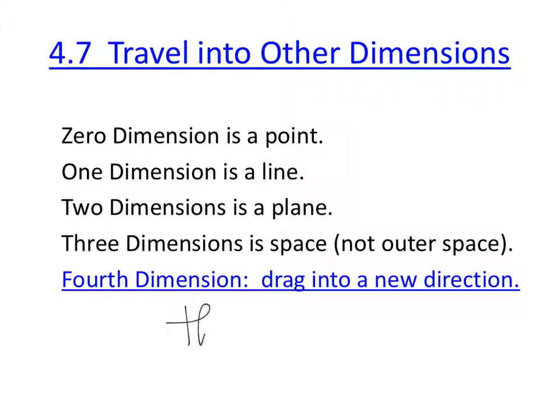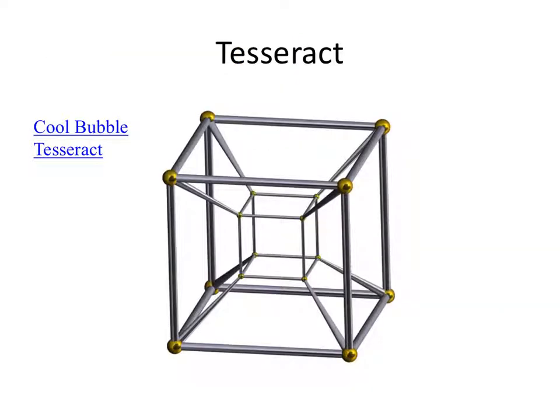Now for us, this is theoretical. We live in a 3D world, so we can't quite imagine that 4th dimension. But here's a picture of a representation of it. It's a tesseract. You can see this cube here on the inside, and then you're imagining that you're pulling that cube in some contrary direction.